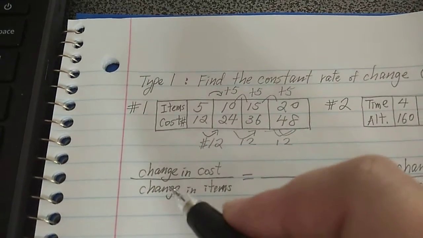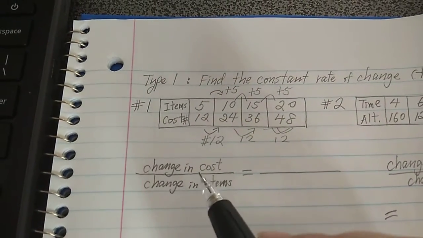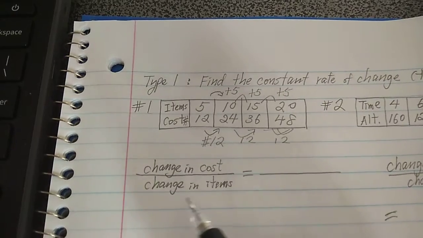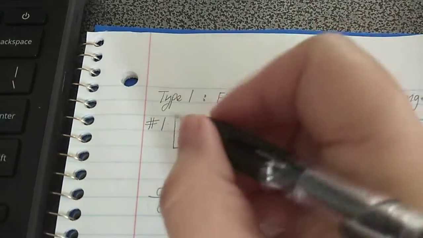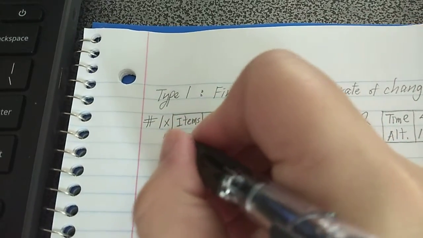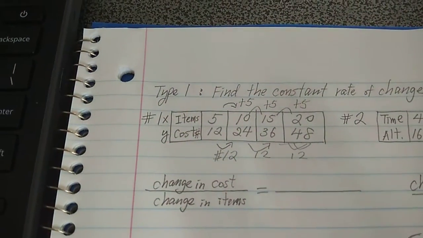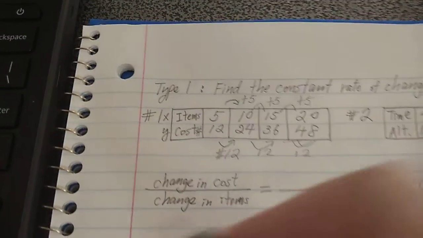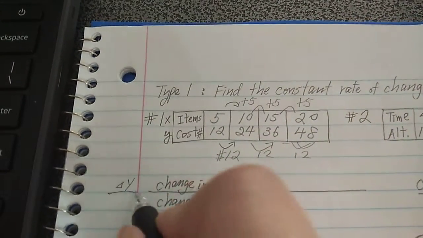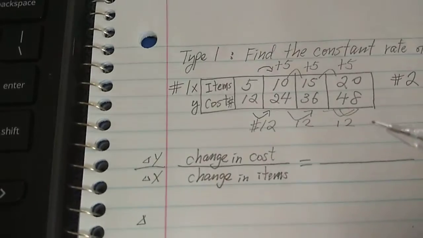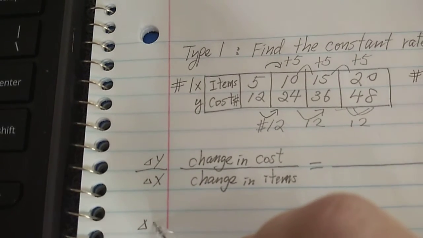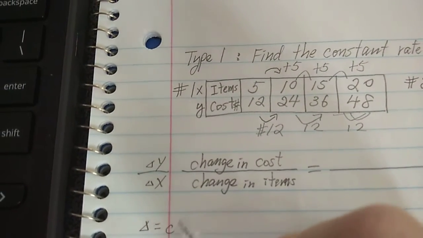So what they want you to figure out is the change in the cost over the change in items. Even though the items is listed first, this is like our x, and this is like our y. The rate of change is always the change in the y over the change in the x. This triangle symbol stands for change in.